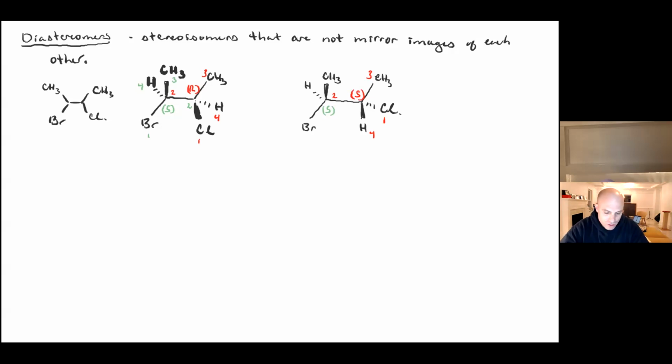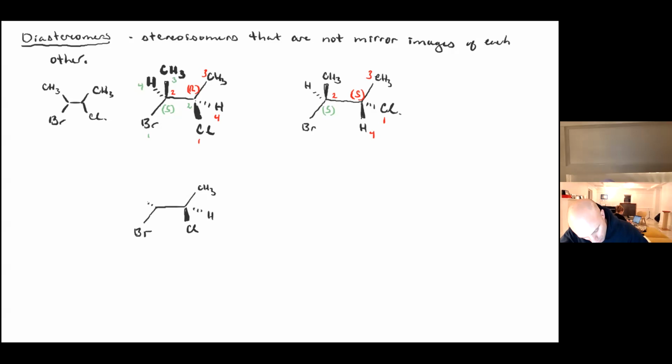and so then I can return to the first structure and say, all right, let's invert the center on the left-hand side. So we'll start by drawing the right-hand side in identical configuration. And again, to do the inversion, I'm going to swap the substituents on the hash and the wedge.